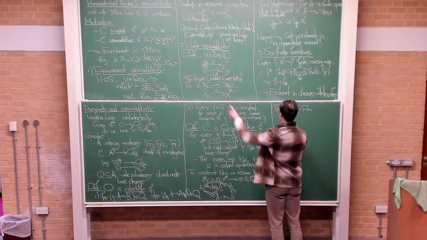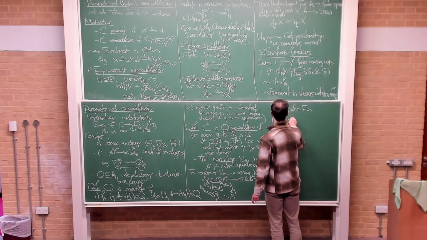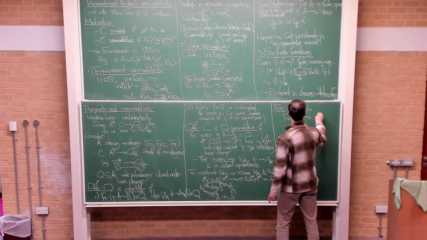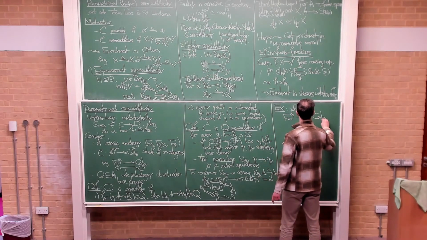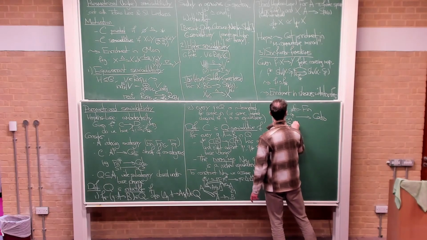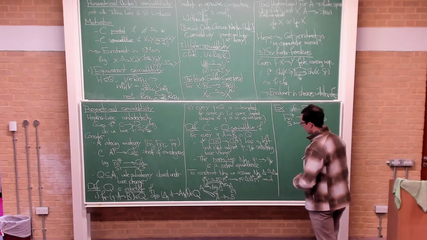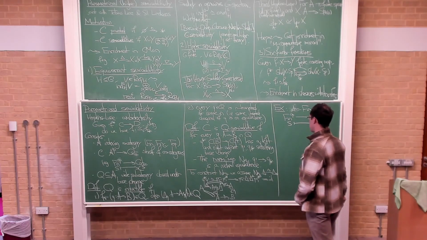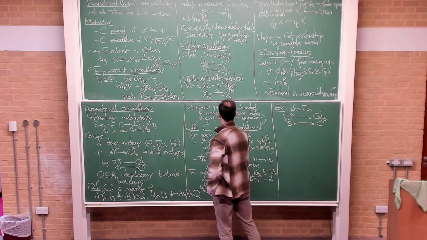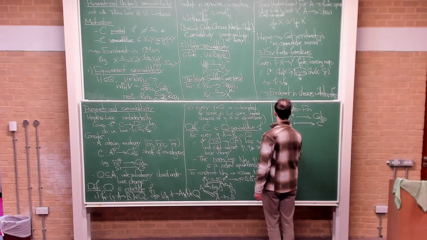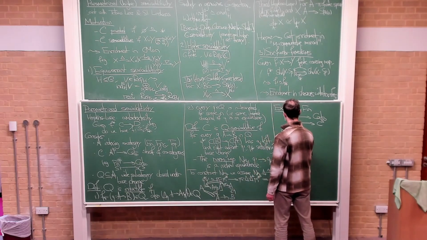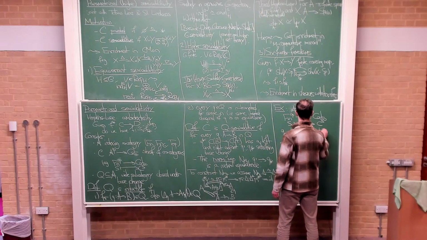Given C, we define our functor from Fin up to infinity categories to be the functor that sends a finite set S to C to the S. And in this case, let's just see what happens if we take, for example, Q, the map from the 2-point set to the 1-point set.